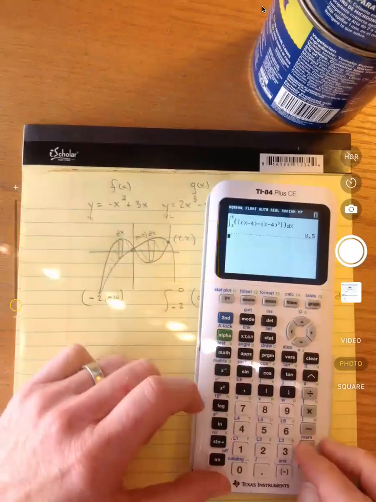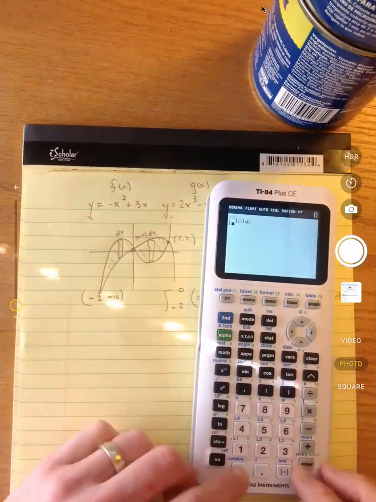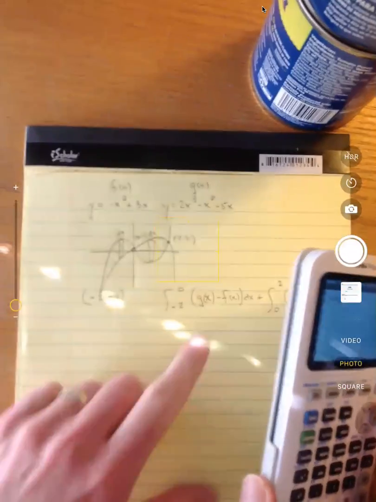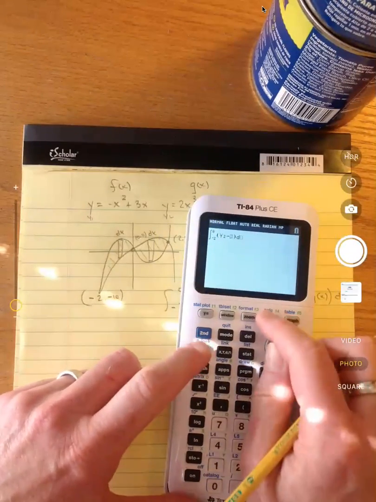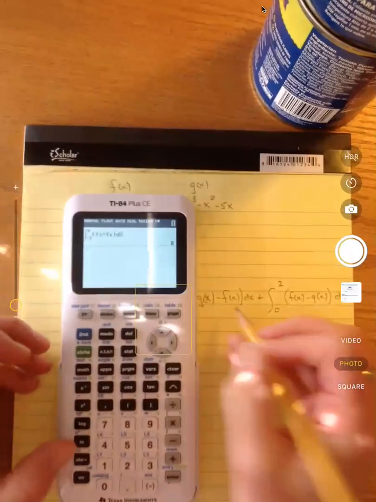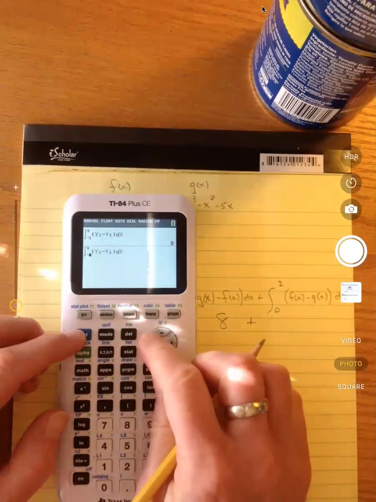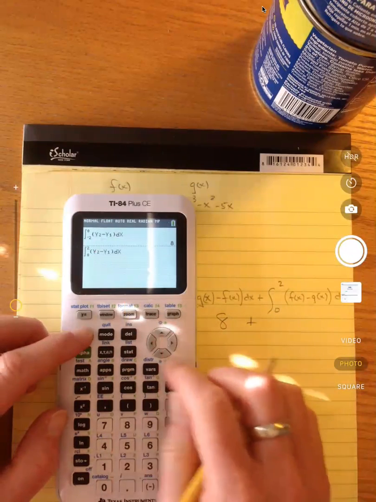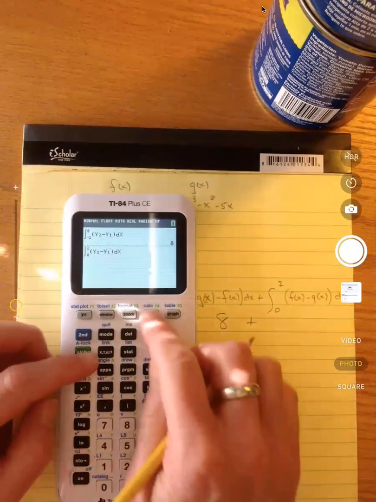So if I now do a math 9, go from -2 to 0 of my g of x, so y2 minus y1, it gives me an area of 8. Now I change these from 0 to 2 and change this to y1 minus y2.